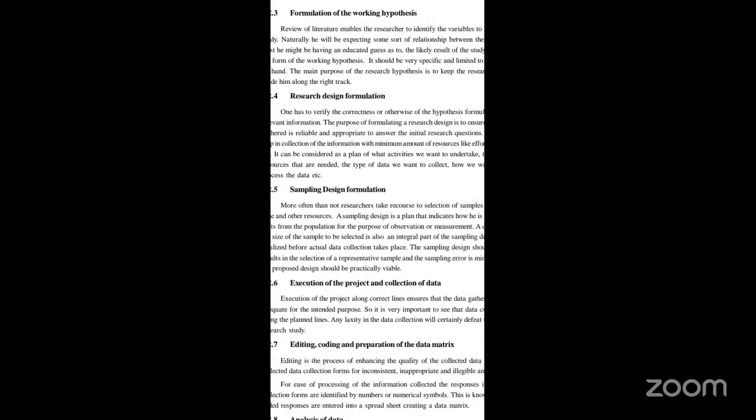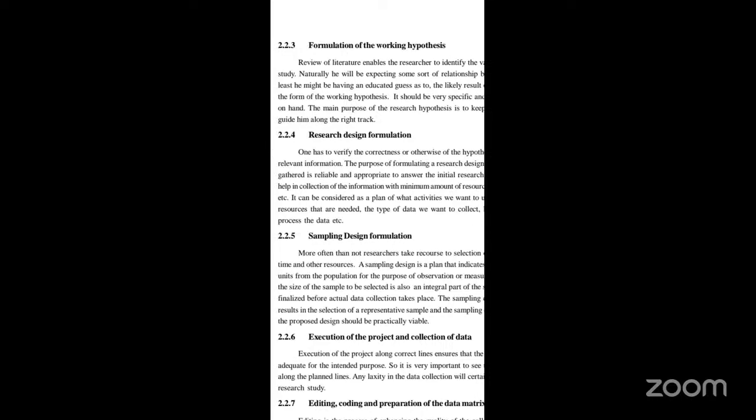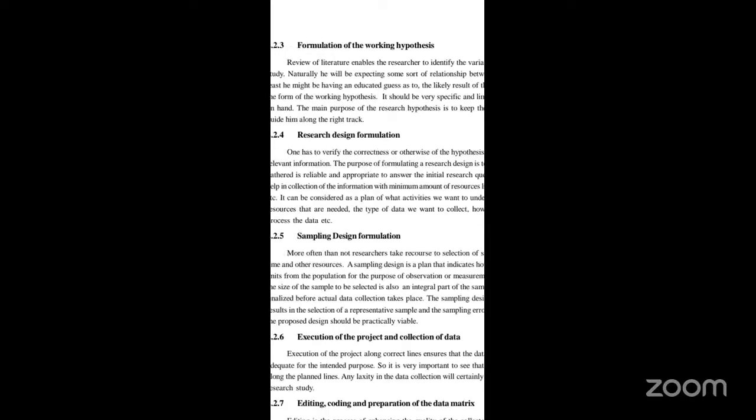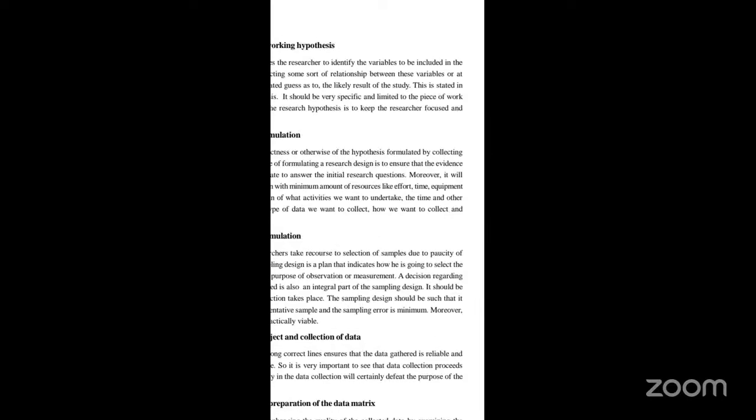Next, review of the literature enables the researcher to make the hypothesis, meaning to identify the variables to be included in the study. Naturally, he will be expecting some sort of relationship between these variables, or at least he might have an educated guess as to the likely result of the study, stated in the form of the working hypothesis.